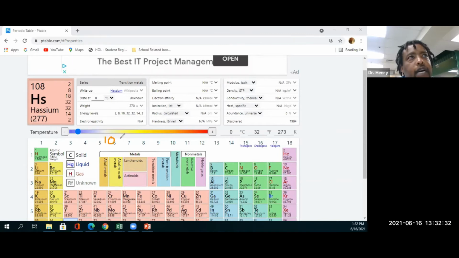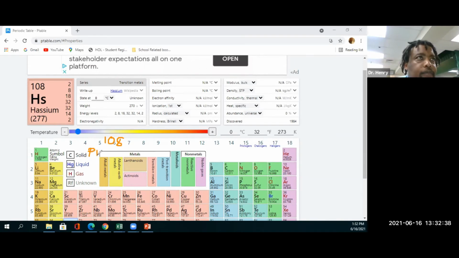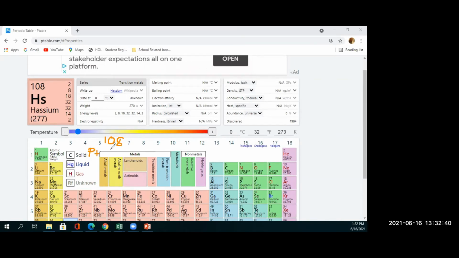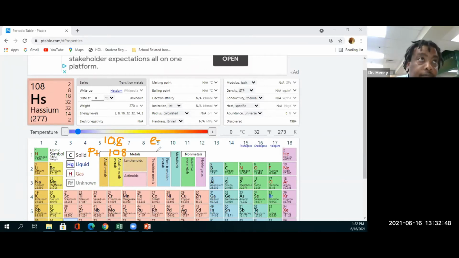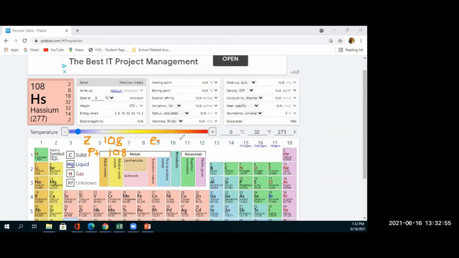How many protons does hassium have? 108. How many electrons does hassium have? 108.